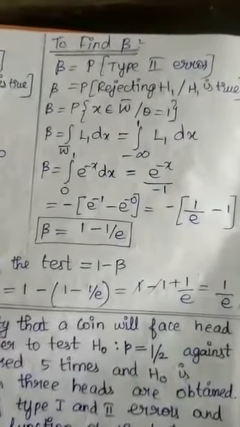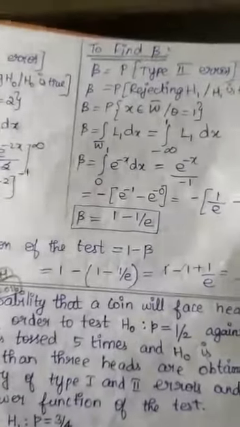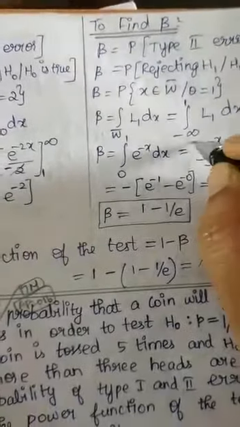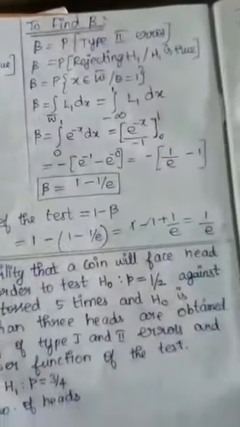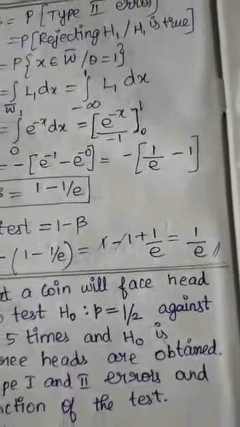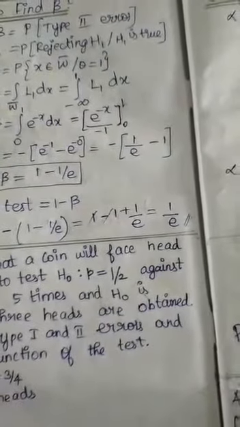Now we integrate e power minus x, which is e power minus x by minus 1, and substitute the limits 0 to 1. The minus is taken outside. The upper limit gives e power minus 1 and the minus of the lower limit gives e power minus 0.